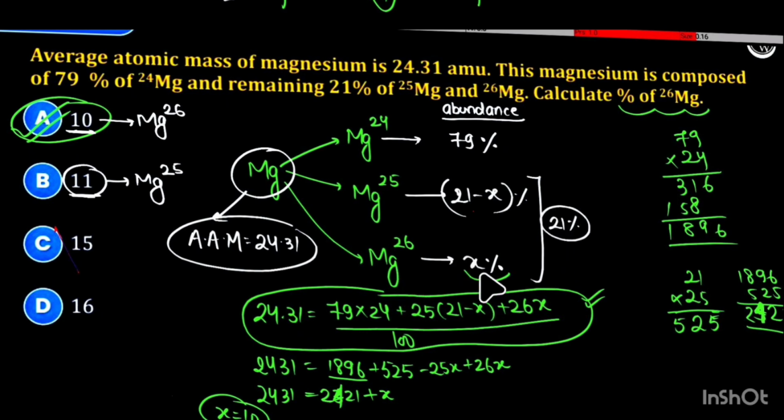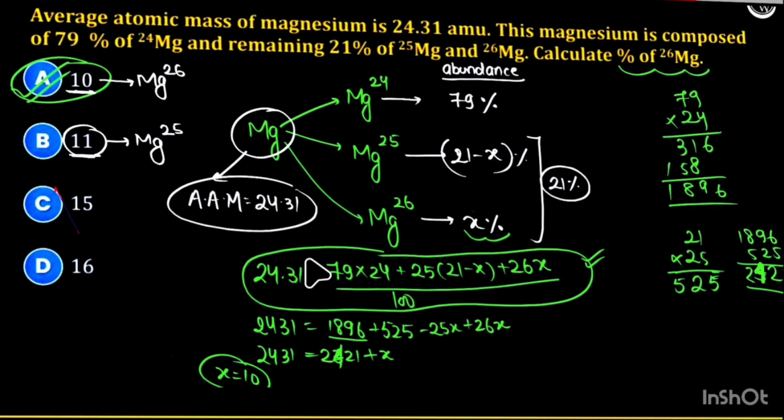So we have mentioned magnesium-26 as x percent, and 21 minus x for the other. And the average atomic mass given here is 24.31. So we can apply this formula, and we will get the answer, option number 1, which is 10.